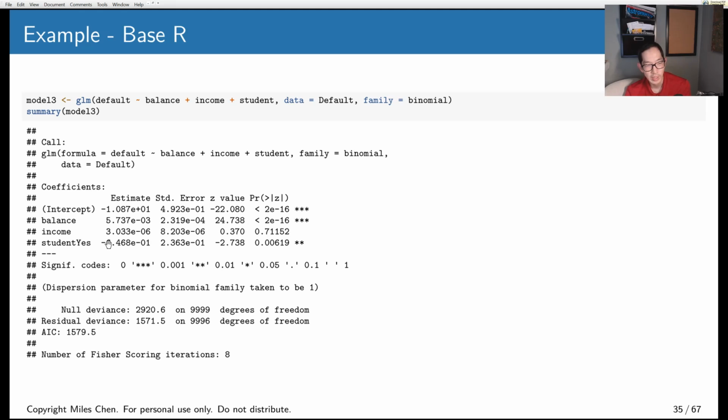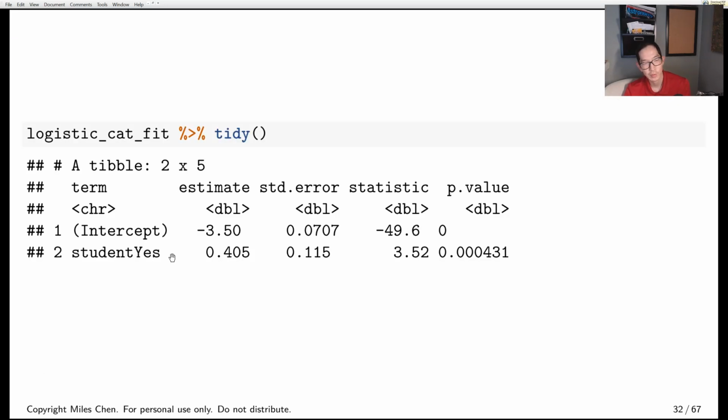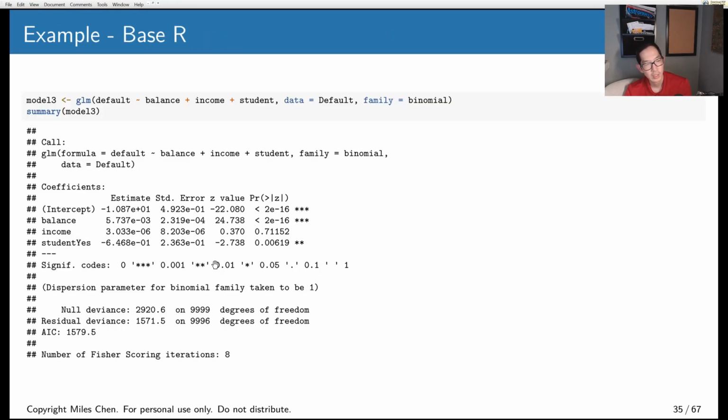And then we have the student, okay, we have a significant result, but notice this, we have a negative coefficient now, okay? Whereas when we did student back here, the coefficient was positive. We said if someone's a student, they're more likely to default. But over here, if somebody is a student yes, now our coefficient is negative. So what's going on here?